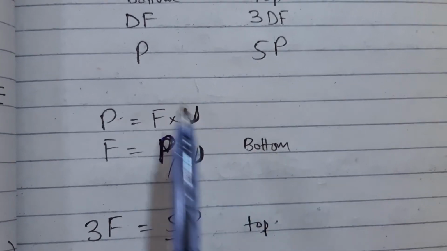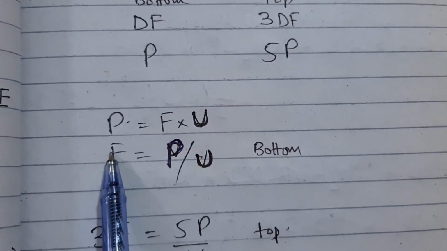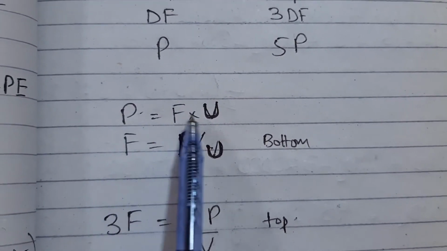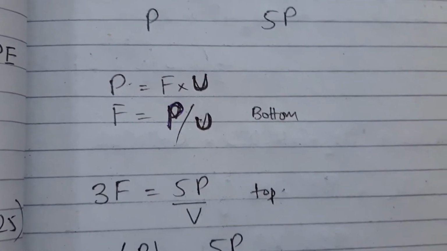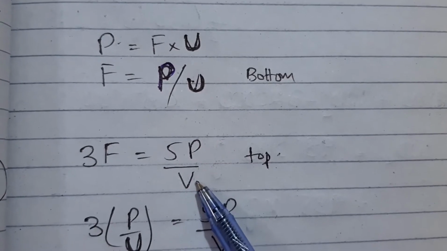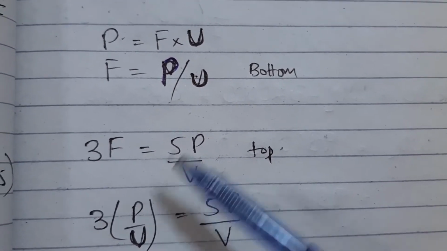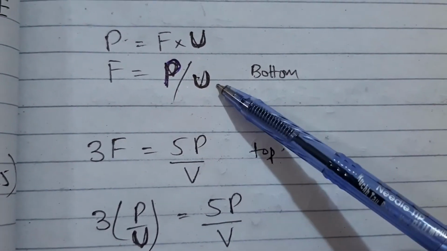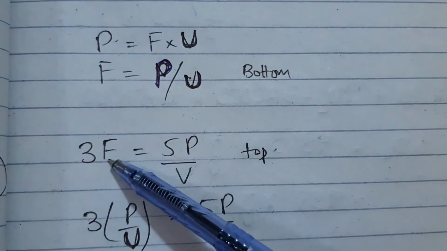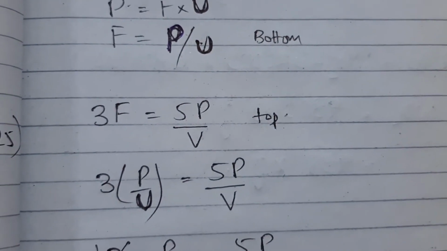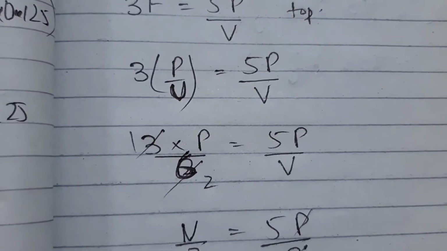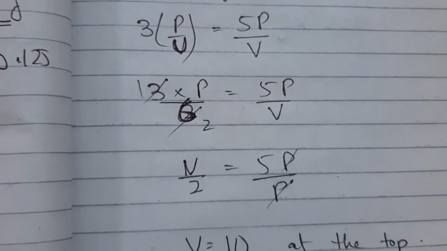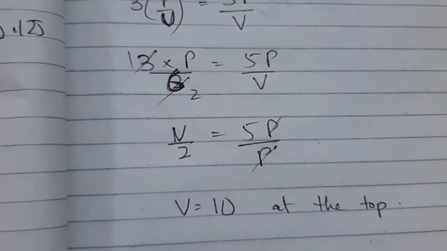So for the bottom I can write the power law: power is equal to force into speed. And for the top I can also write it. After that I am solving them simultaneously, substituting this value here. And then simple algebra, cross multiplication, removing the bracket, and I got the velocity v, which is 10.